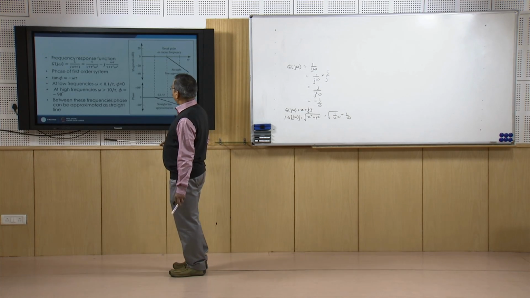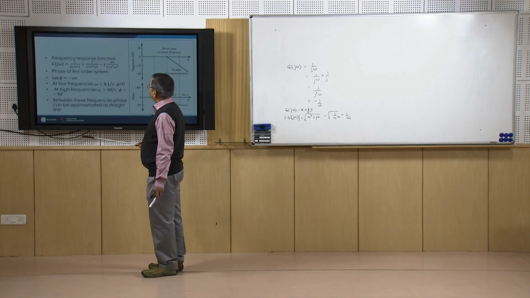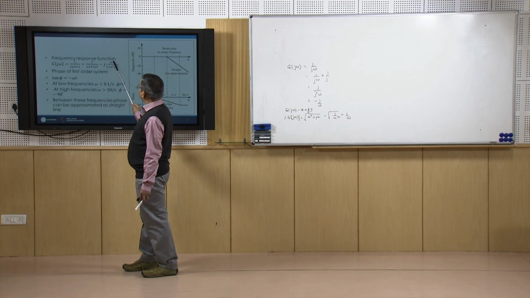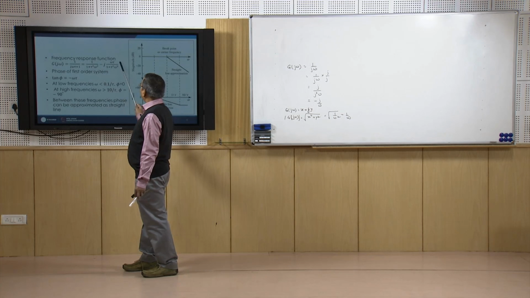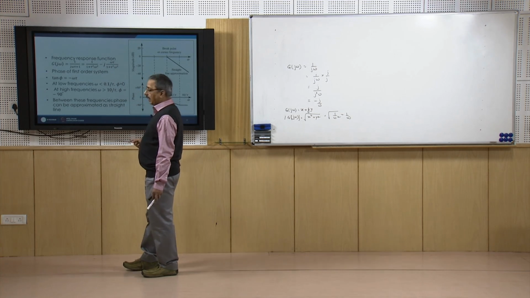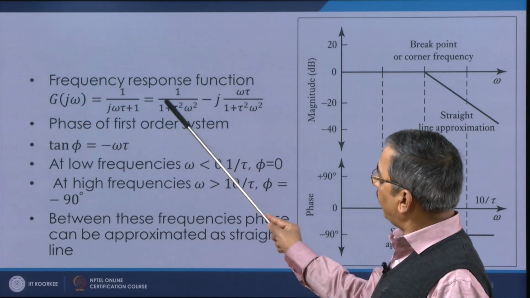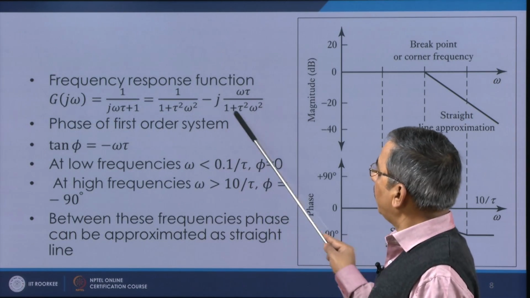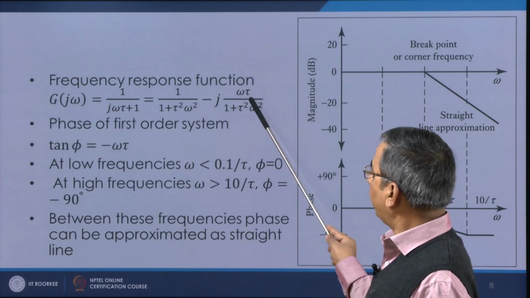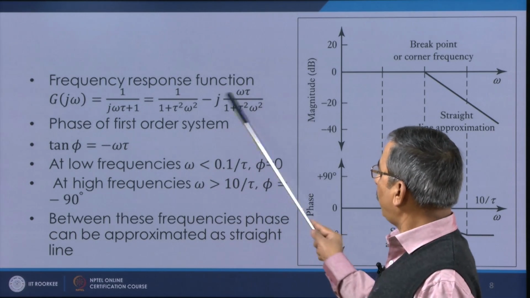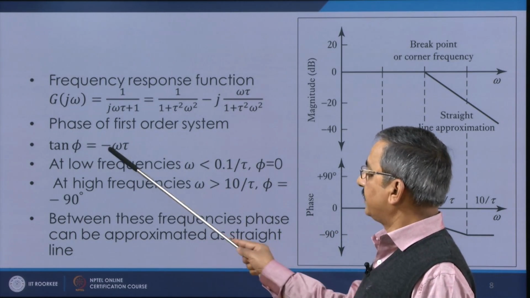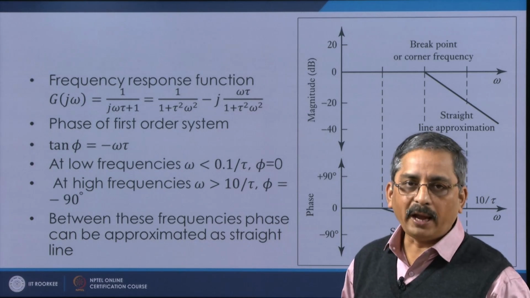Now, next let us look at the phase from the frequency response function. As I was telling you, we had this value of the frequency response function, and this value is my x value and this value is my y value. So, for the phase of the first order system, I can write tan phi equal to y by x.